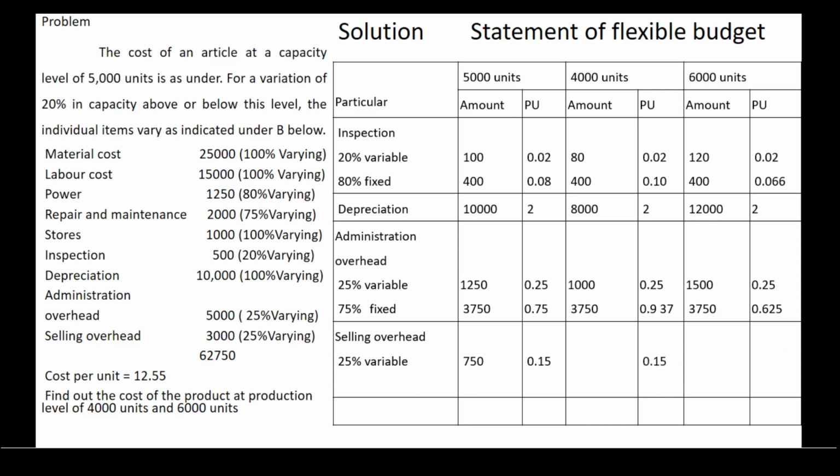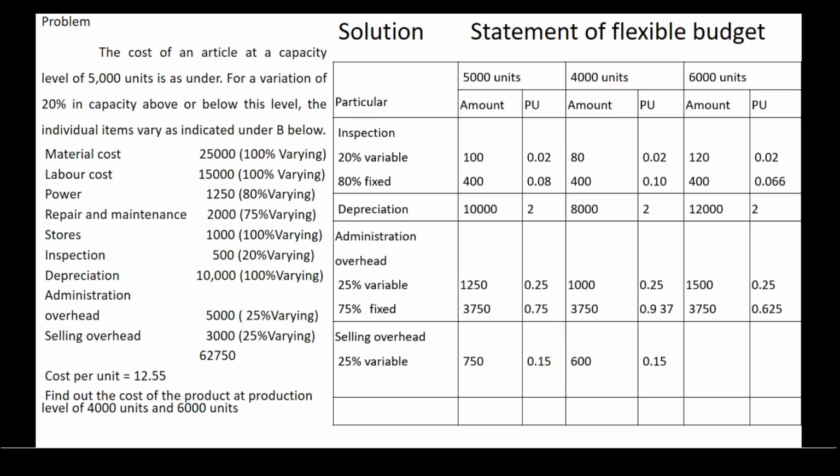So under the 4000 units, here also the cost per unit is 0.15. So this 0.15 is multiplied with the 4000 units. So now that amount is rupees 600.